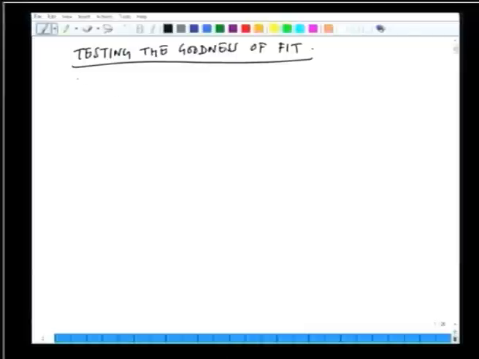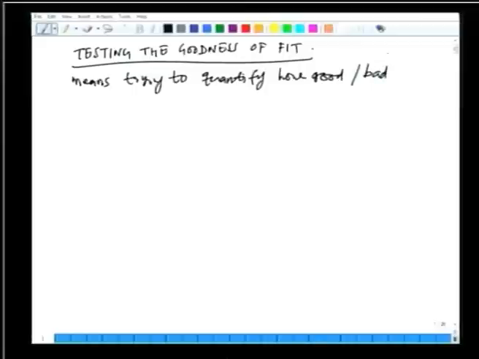What do we mean when we say testing the goodness of fit of a PDF? It basically means that we are trying to quantify how good or bad a fit to a PDF or a probability distribution is.